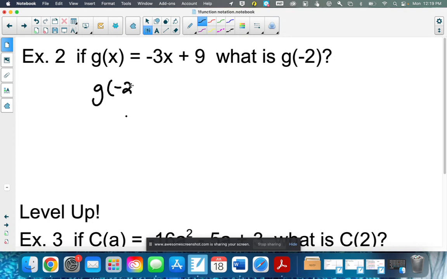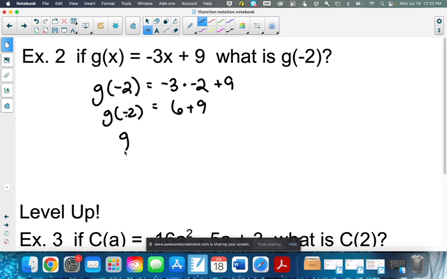We're going to substitute negative 2 in for x. So what we have is negative 3 times negative 2, do that first, plus 9. So that is 6 plus 9. So when x is negative 2, the output is going to be 15.